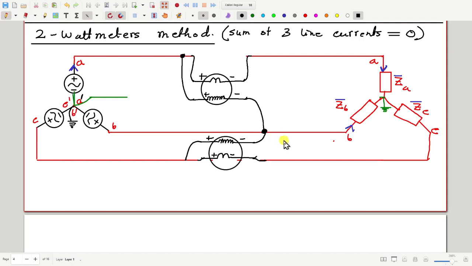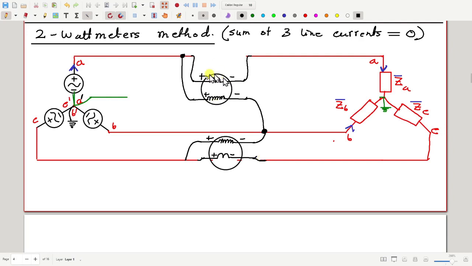Okay, I repeat. Take 2 wattmeters and put the current coils in any two lines out of the 3 lines, whichever you like. We have 3 lines and 2 current coils, so put those in series with any 2 lines you like. Then put the voltage coils such that they measure the voltage of the selected line with respect to the unselected line.